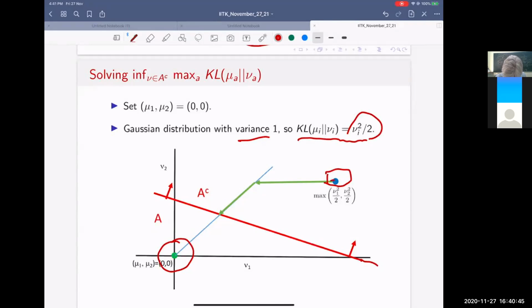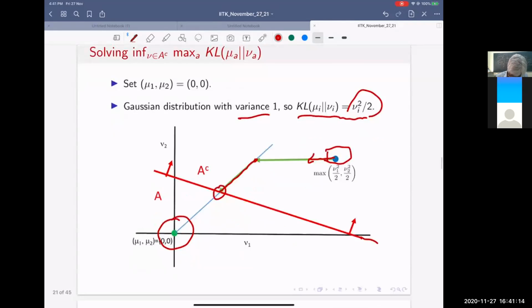I want to minimize that, right? So this is my steepest descent direction. I carry on until I come to this point where nu1 is equal to nu2. And now the way to minimize the maximum is to go down this path until I come here. So that's my solution. And at that solution, there are two properties. nu1 is equal to nu2, and they are on the border of the hyperplane. So those are worth keeping in mind.